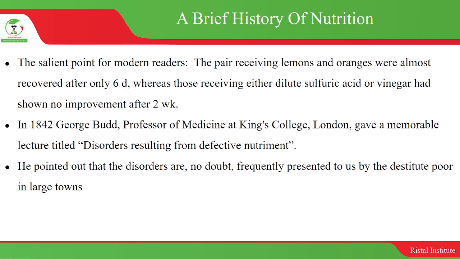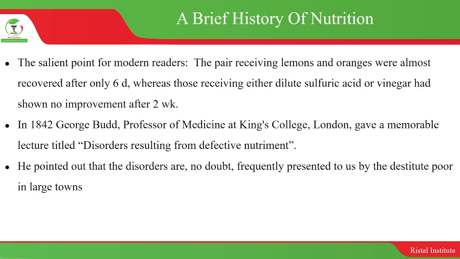So we find that the most important thing we drew from this study for modern readers is that there were some treatments, but out of those treatments, we picked out two. One of the treatments he was giving to these pairs was lemons and oranges. These are vitamin C rich foods. And remember, scurvy is a nutritional deficiency disease occurring as a result of lack of vitamin C. So he gave one pair lemons and oranges, and he gave another pair a certain treatment of dilute sulfuric acid or vinegar.